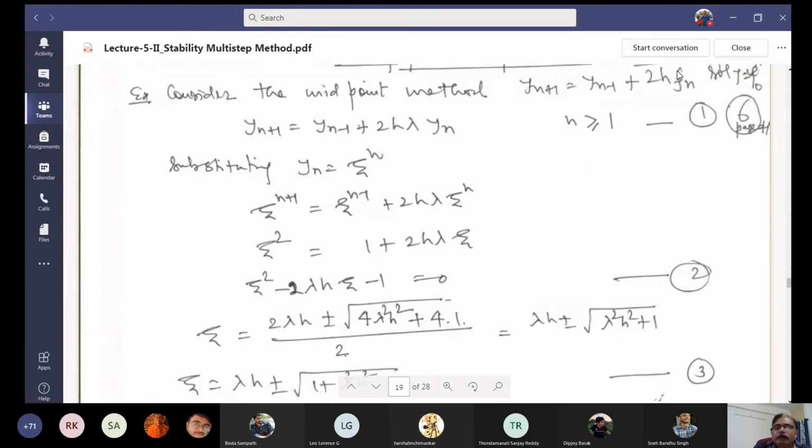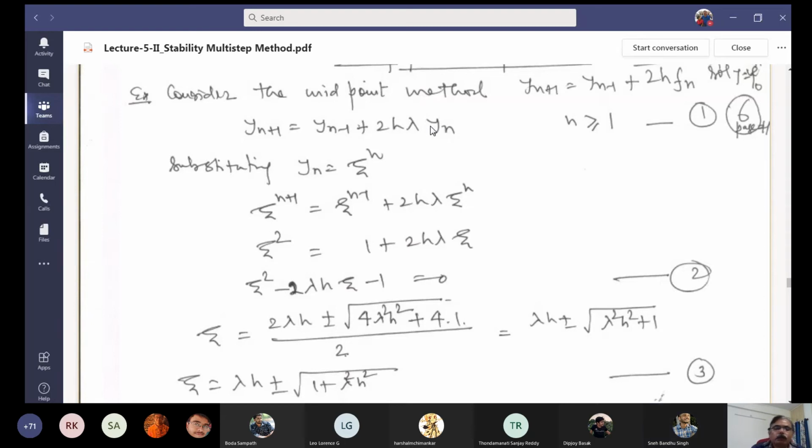Since we are discussing stability, f is lambda y, so it will be 2h lambda y n. So for y prime equal to lambda y, the method will be y n plus 1 equals y n minus 1 plus 2h lambda y n. Is that right?